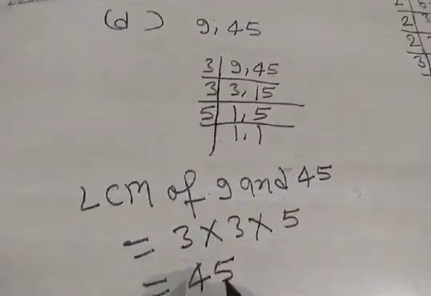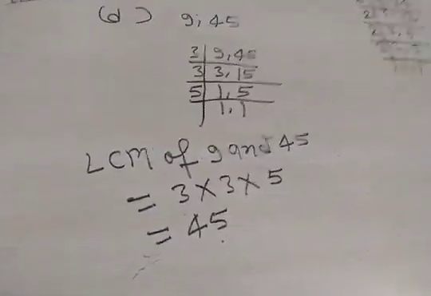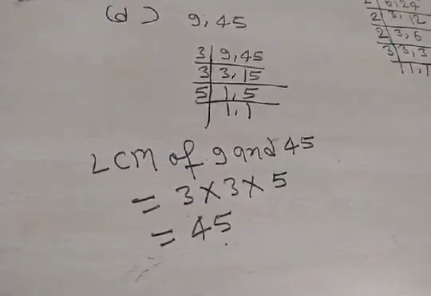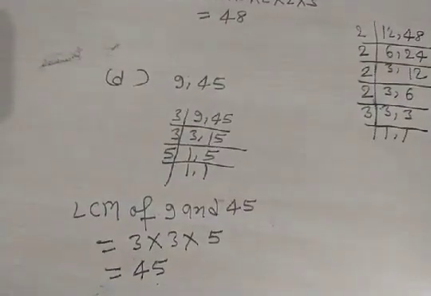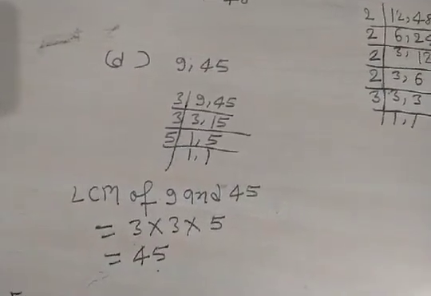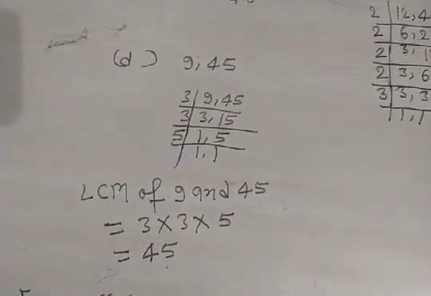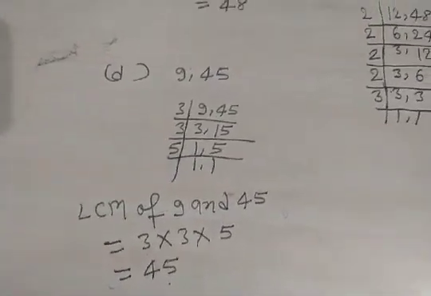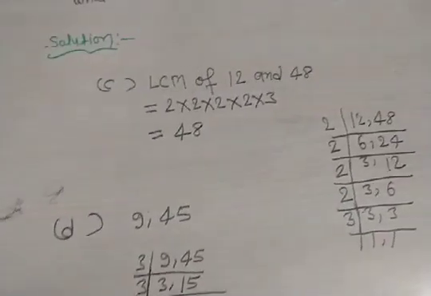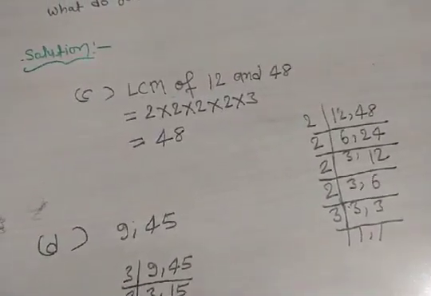From all these cases, you can see the greater number is the LCM. So in this way the LCM of 9 and 45 is 45, and in C part the LCM of 12 and 48 is 48.